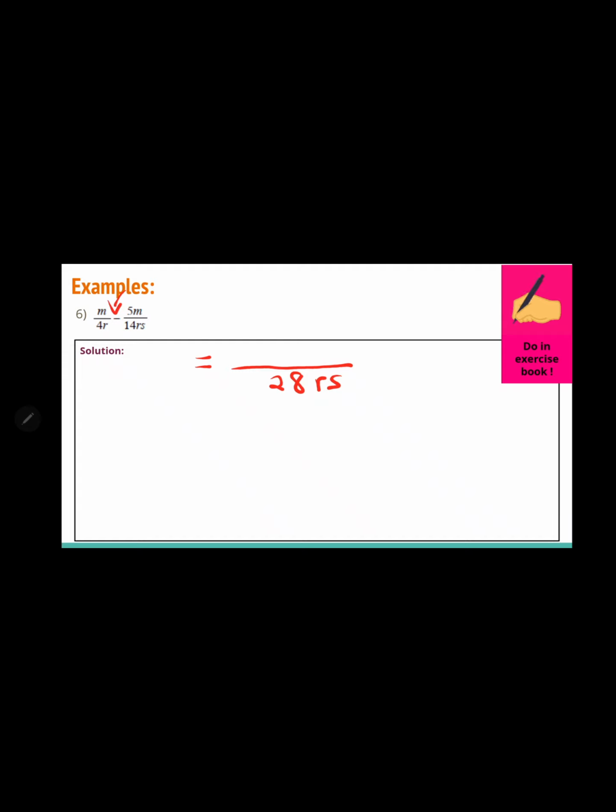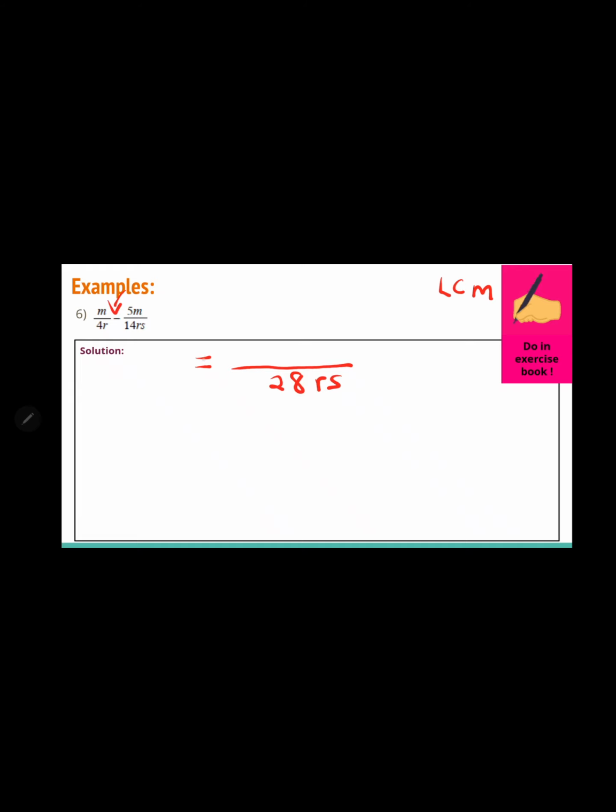That one is from Form 1, so you just refer back to your notes. It is the lowest common multiple, LCM, for 4R and 14RS.